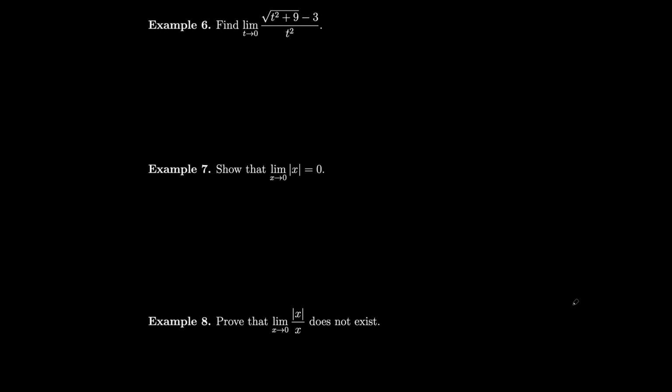Let's find the limit of the square root of t squared plus 9 minus 3 over t squared as t approaches 0. Again, can't plug in 0 yet, but we could probably manipulate this thing algebraically to a form where we can cancel something.